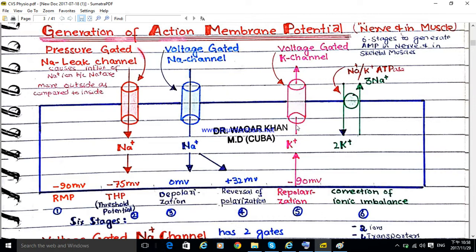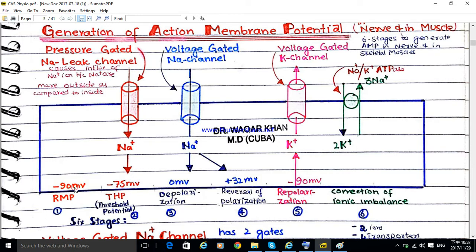So the cell will become negative. This channel is 100% permeable for potassium, so there will be a large efflux of potassium, and it will become negatively charged again. It will come back to its resting state, minus 90 mV, and this is called repolarization, meaning to gain its original poles again.